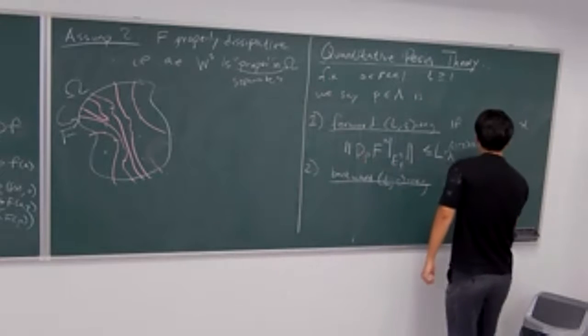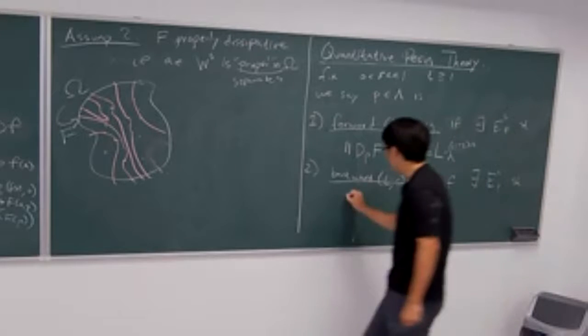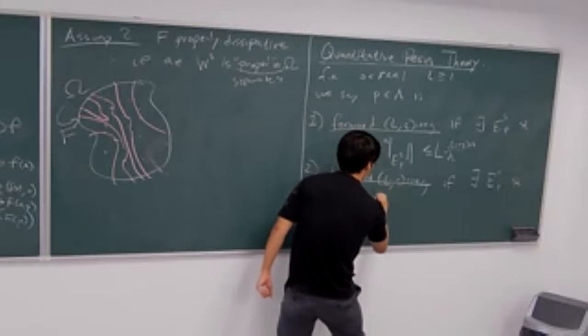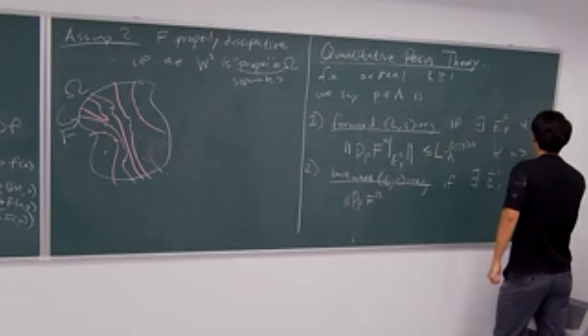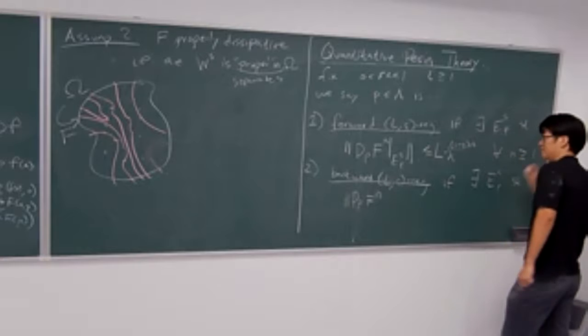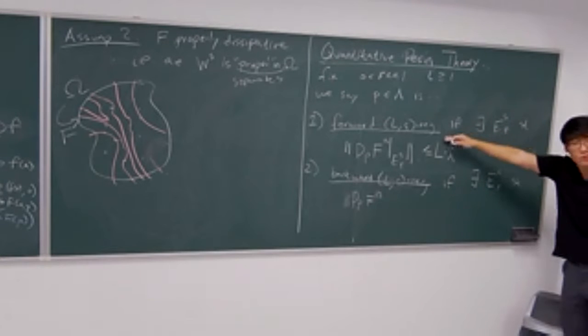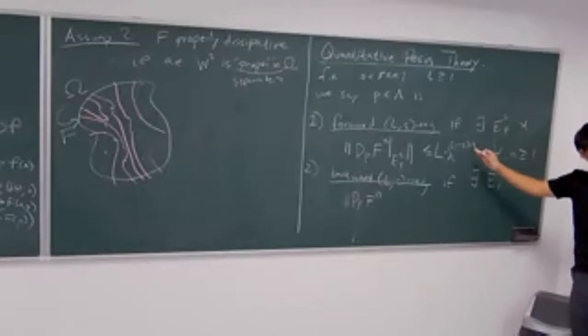So there should be a center direction at P, such that if you measure the growth rate restricted to it, for all n bigger or equal to, when you go forward. So this is why it's forward regularity, you're only looking at forward. This will be backward regularity, so we're looking at the backward index.